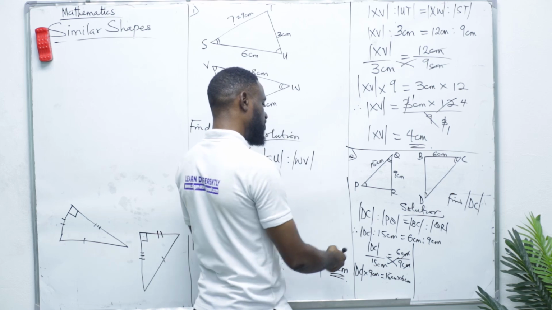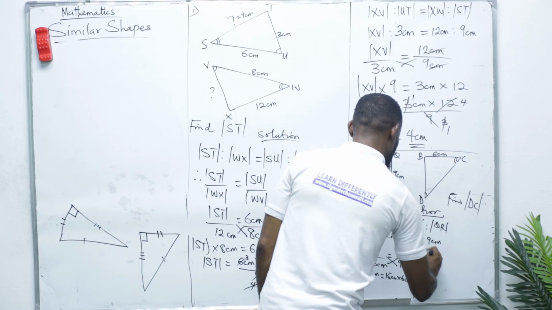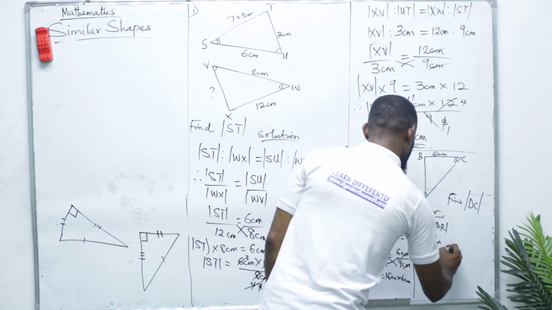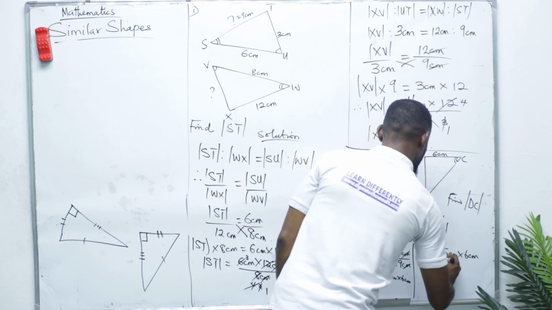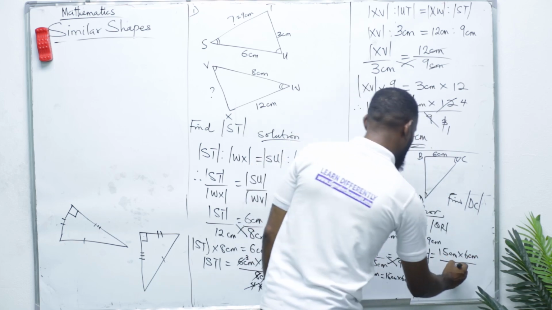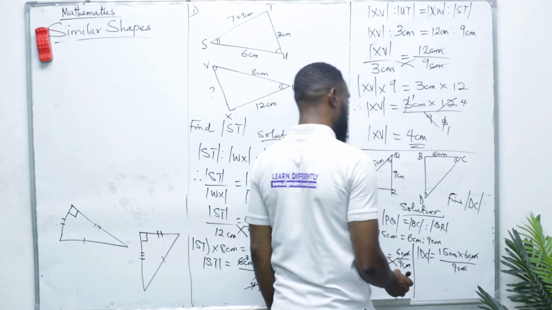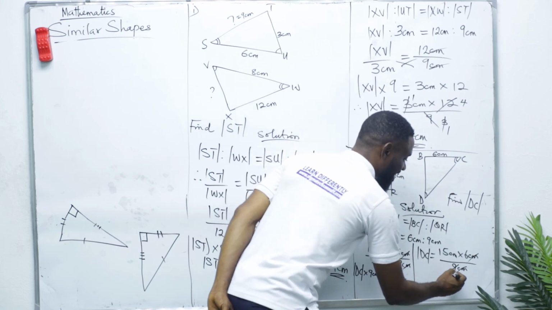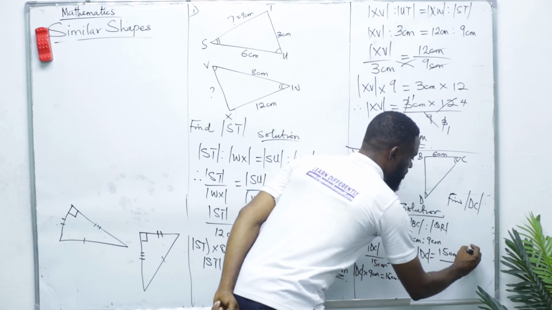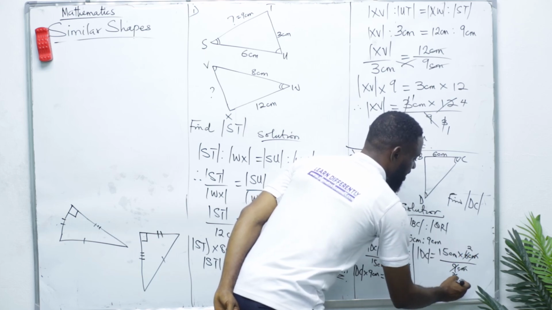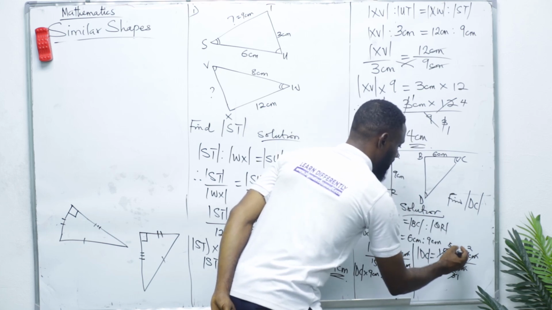Do you understand? 15 cm times 6 cm. So our DC will now be equal to 15 cm times 6 cm all over 9 cm. This cm can remove this particular cm. 3 in 9 is 3. 3 in 6 is 2. 3 in itself is 1. 3 in 15 is 5. 5 times 2 is 10.